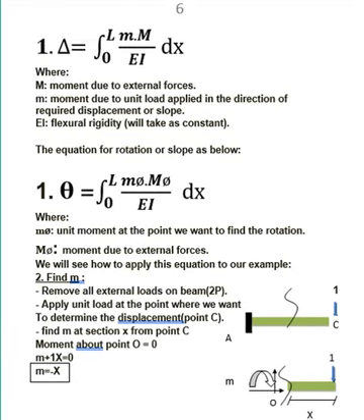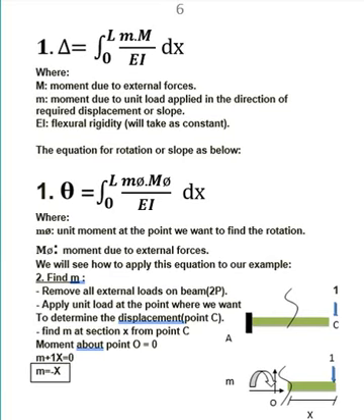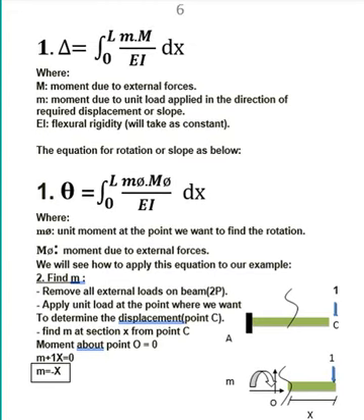First, to find the deflection at point C, we remove all external loads on the beam. And here is the external load 2P. Then we apply a unit load at point C, the point where we want to determine the displacement.